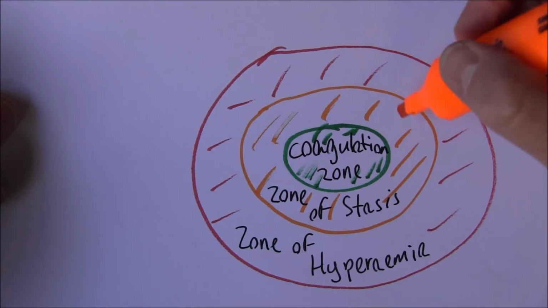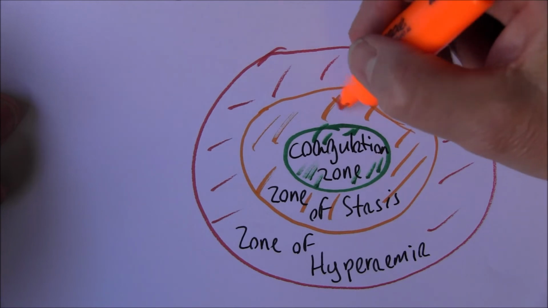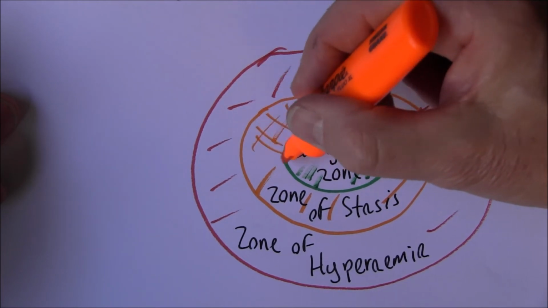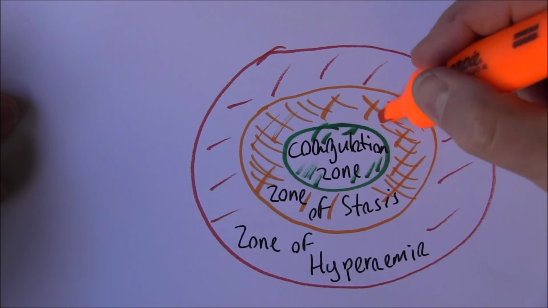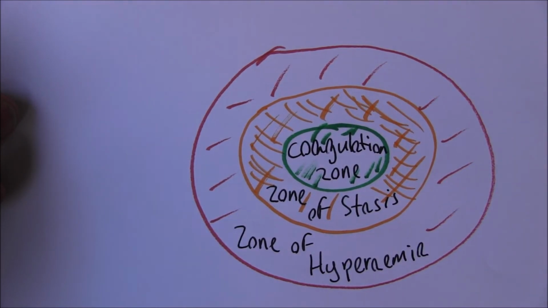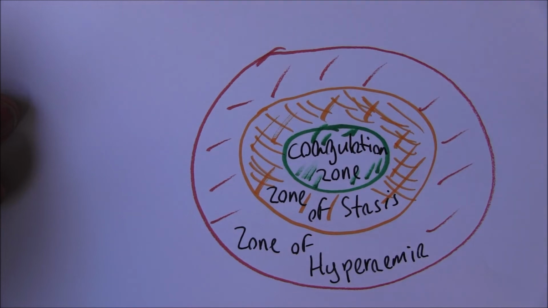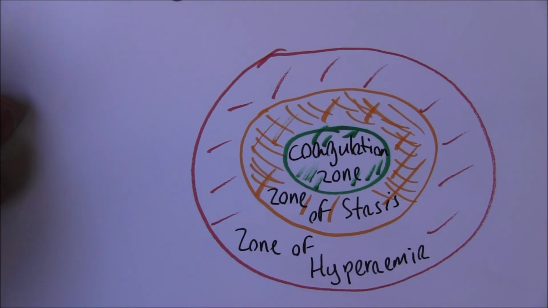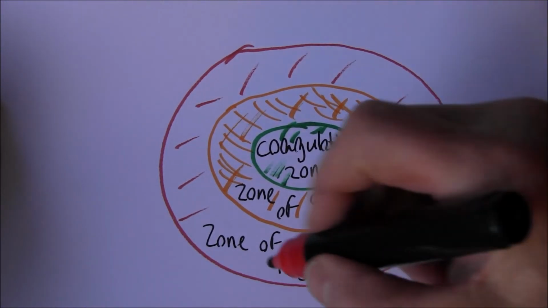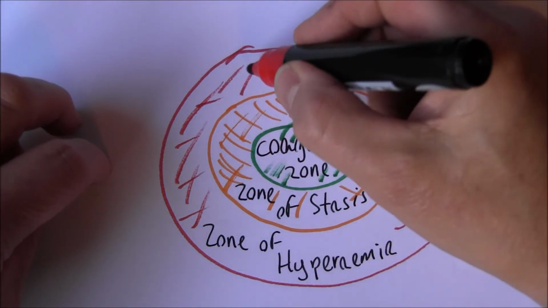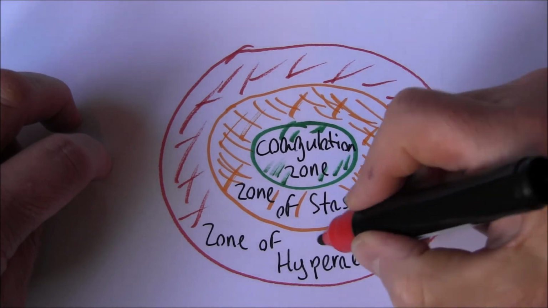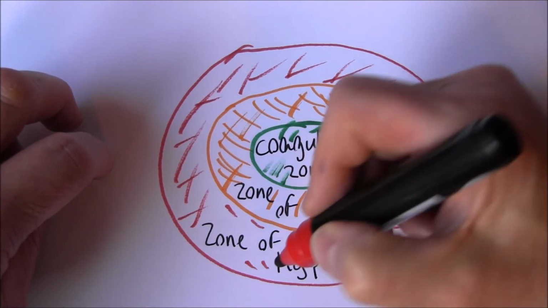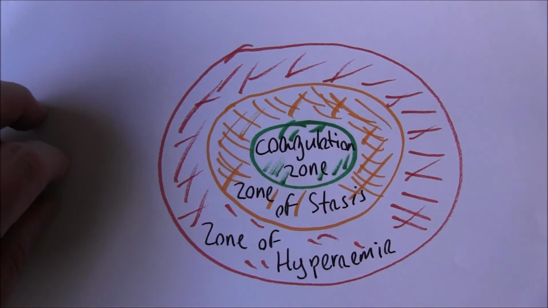So all this area here can be saved. The tissue can remain viable, will not necrose, therefore no healing will be required, as long as we maintain good perfusion, oxygenation and nutrition of that area. And unless we're very unfortunate, this area would expect full recovery, the inflammatory zone, unless we're very hypoperfused, very ischemic, or the patient becomes septic.